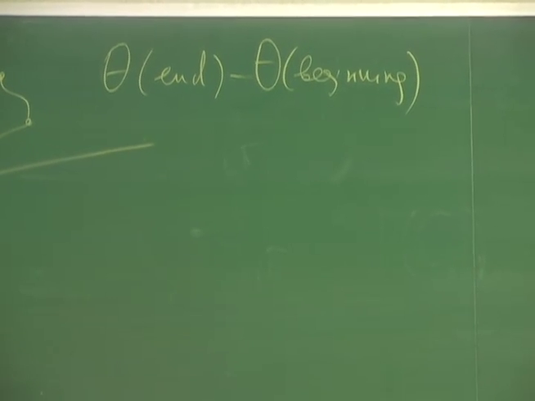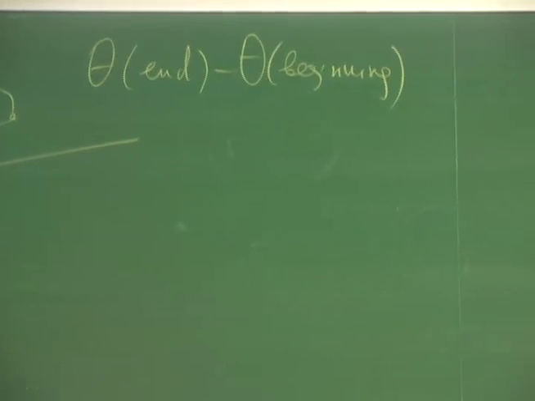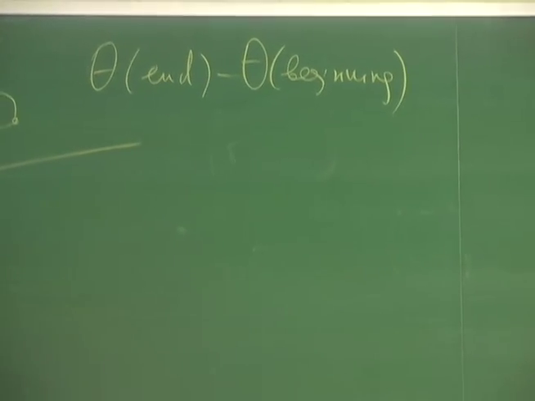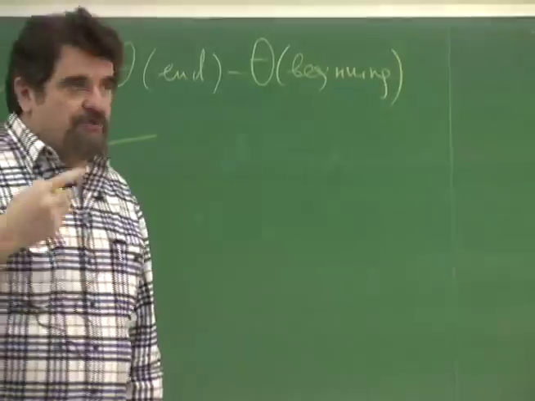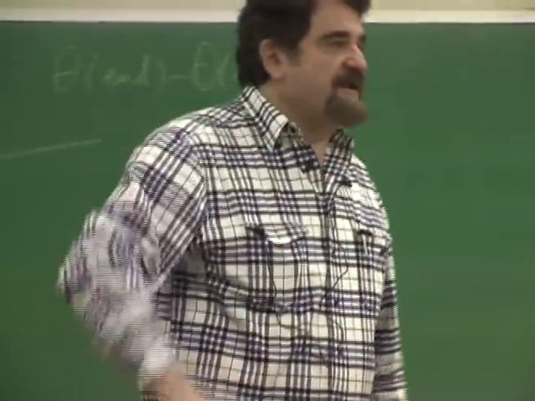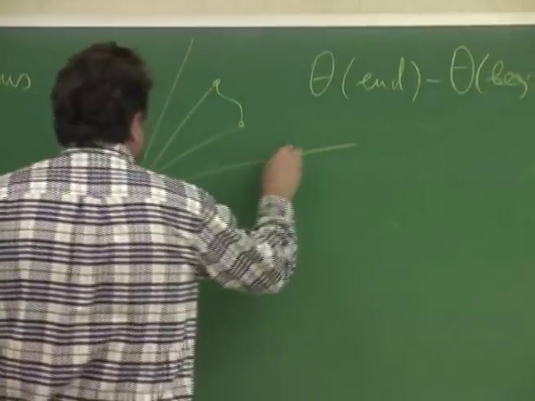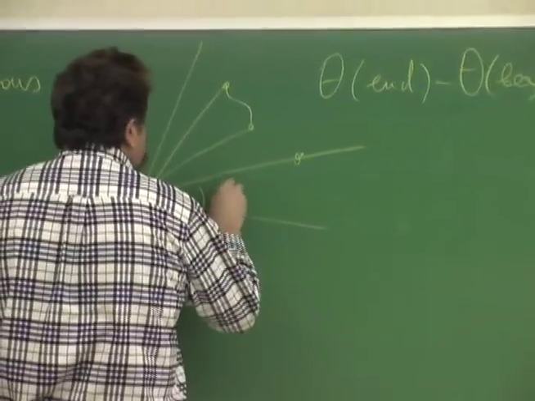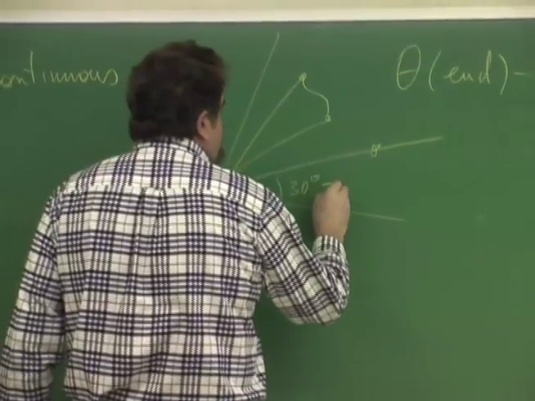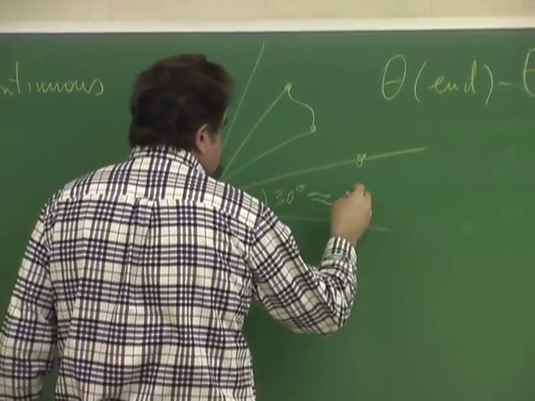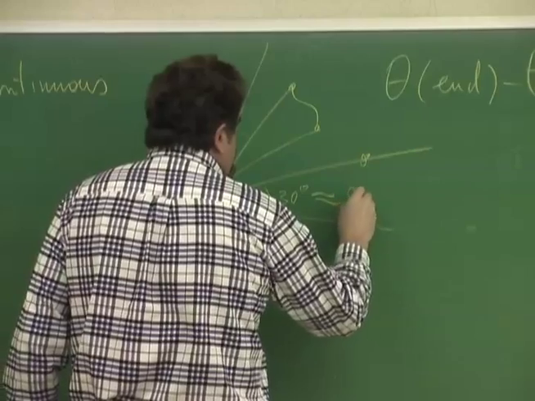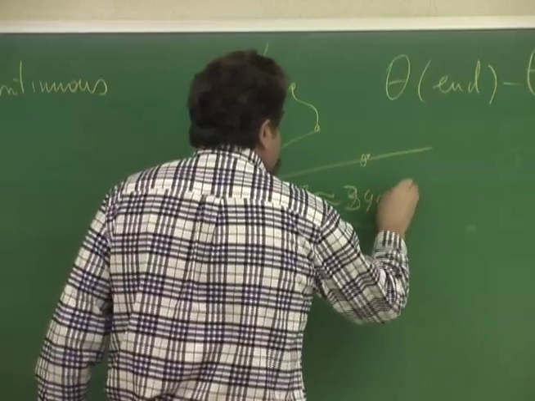But what is even more important is the following. Actually, the notion of the angle is defined not uniquely, but up to adding a multiple of 2 pi. I can say that this angle is 30 degrees, and I can say that it is the same as how many? 390 degrees.